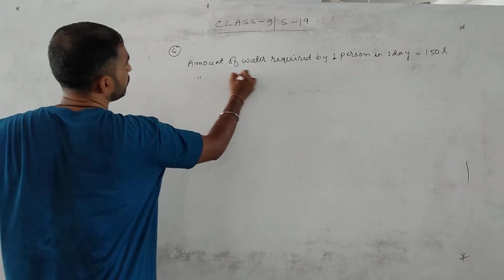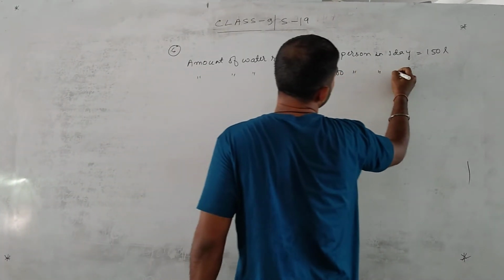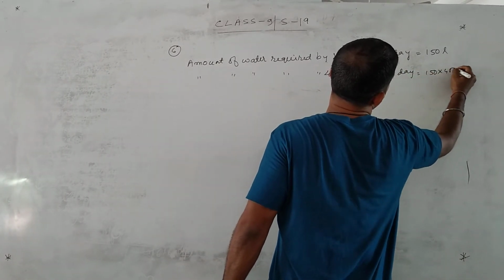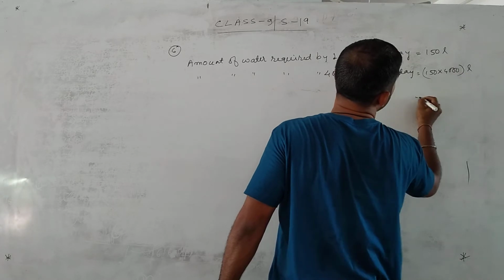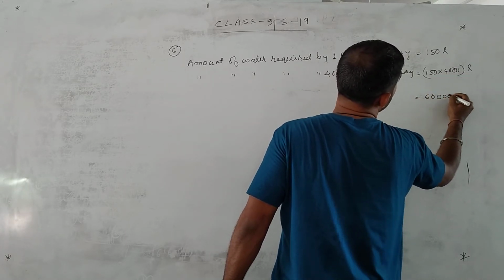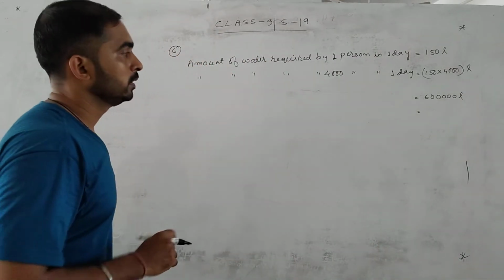So the amount of water required by 4,000 persons in one day, we have to multiply them. 600,000 liters. So this much of water.